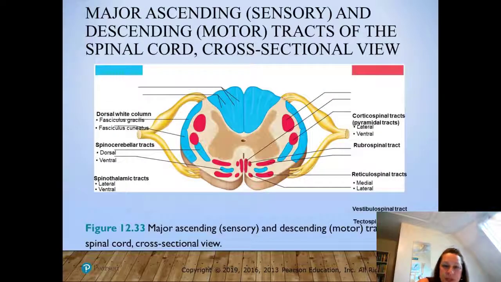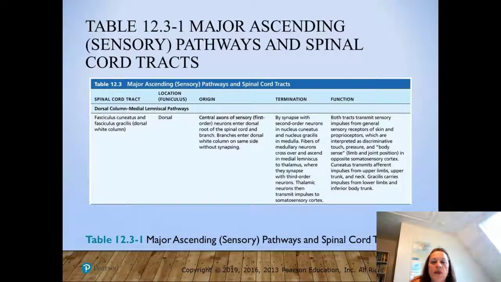All right, then we have different types of tracts in the body. See these blue and red ascending and descending motor tracts, and so they're sort of like highways, right? It's a major ascending tract: dorsal column, anterolateral column, spinocerebellar column. They all have different roles in the body, right?